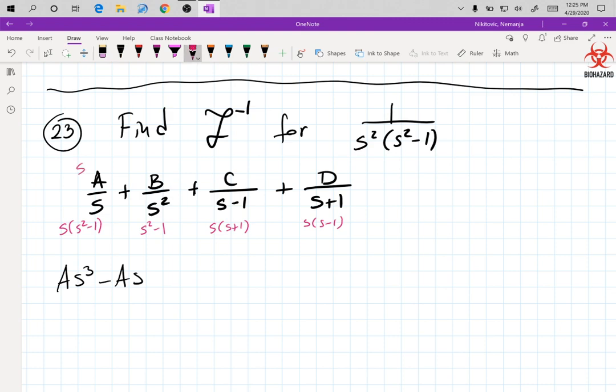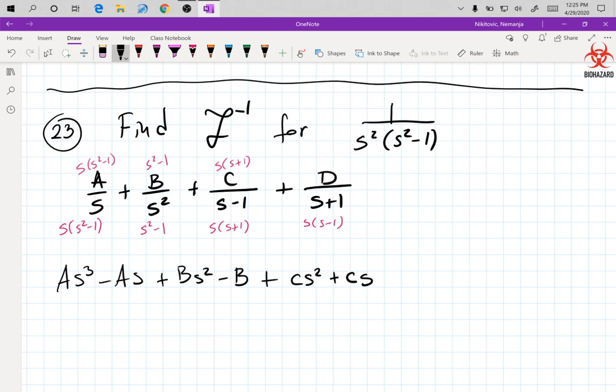So s times s squared is s cubed times A, and then s times 1 times A. Over here we have s squared minus 1, so that's an easy one: B s squared minus B. Over here I have s plus 1, which is plus C s squared plus C s.